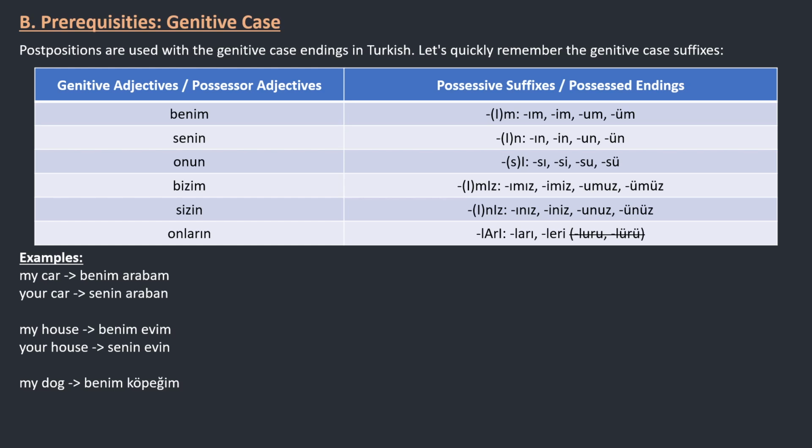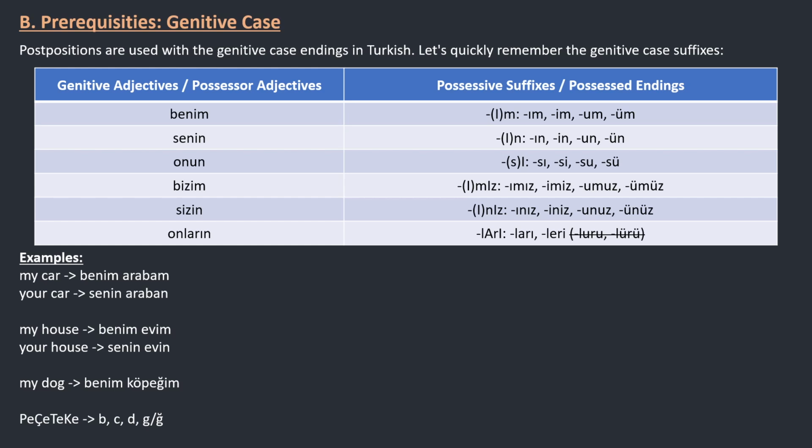So when you are talking about your possession, you need to be careful with these words. They soften to B, J, D, so G or soft G. Be careful with these ones. If you have them at the end, you need to change it. Okay? So this was just a review of the genitive case. If you want to learn more about the genitive case, you can go back to the previous lessons and read up on the notes.